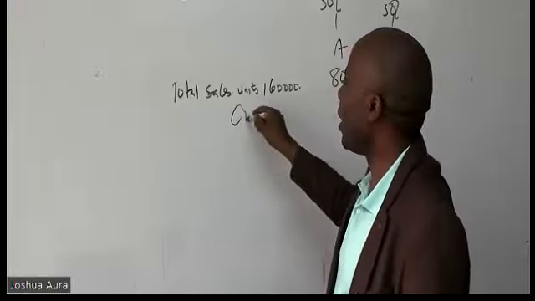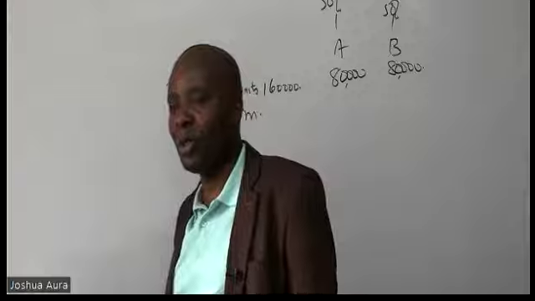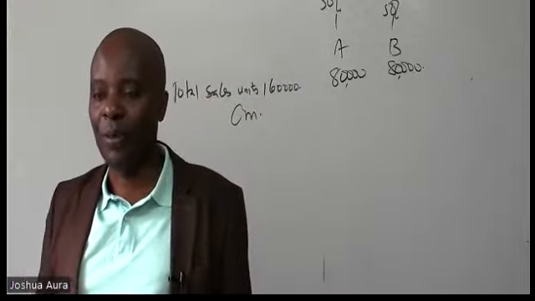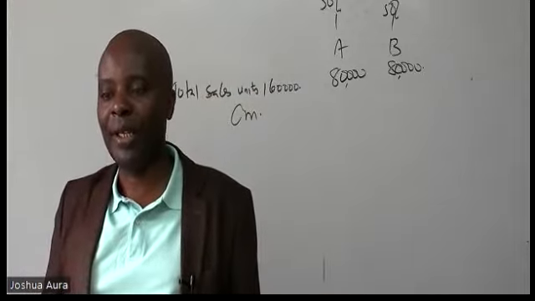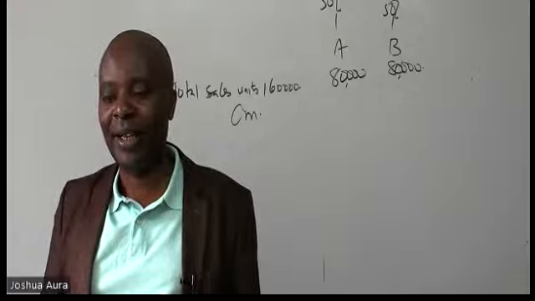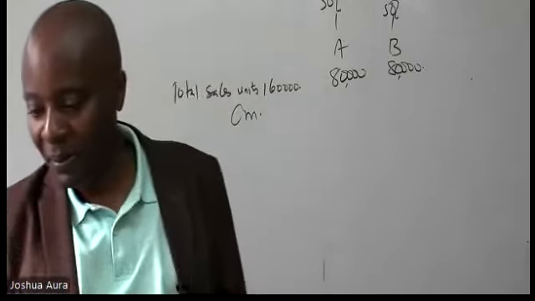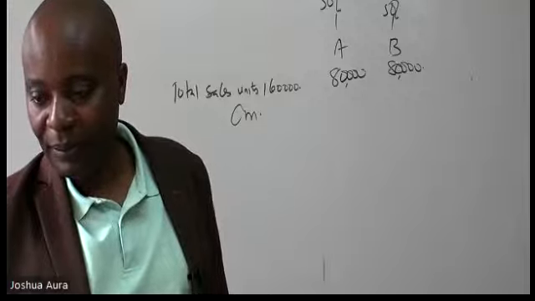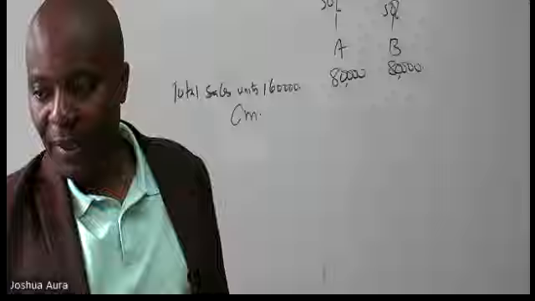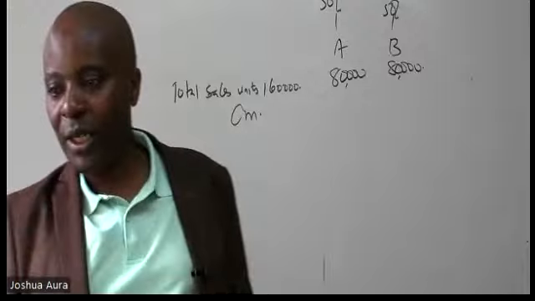So could you kindly give me the contribution margin? Are you able to remember the contribution margin for A? Contribution margin here was 1, and for B it was 7, isn't it?